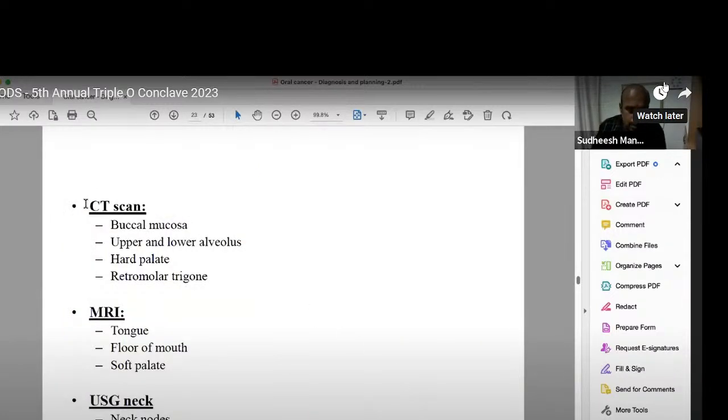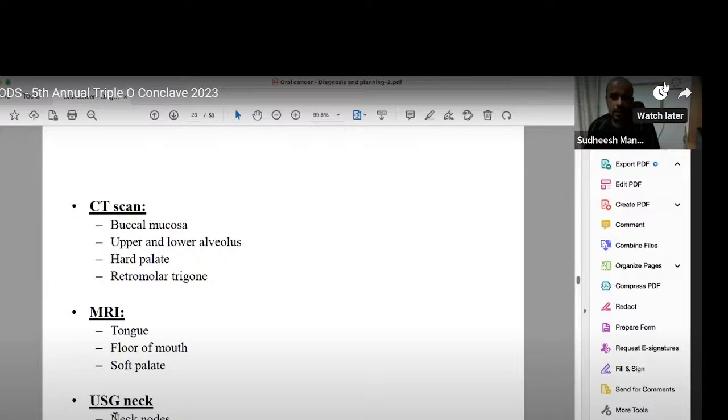To summarize, choose CT scan for buccal mucosa, upper and lower alveolus lesions, hard palate, and the retromolar trigone. For tongue, floor of the mouth, and soft palate lesions, you go for MRI scan. And for evaluation of cervical nodes, ultrasound of neck is the most useful imaging.